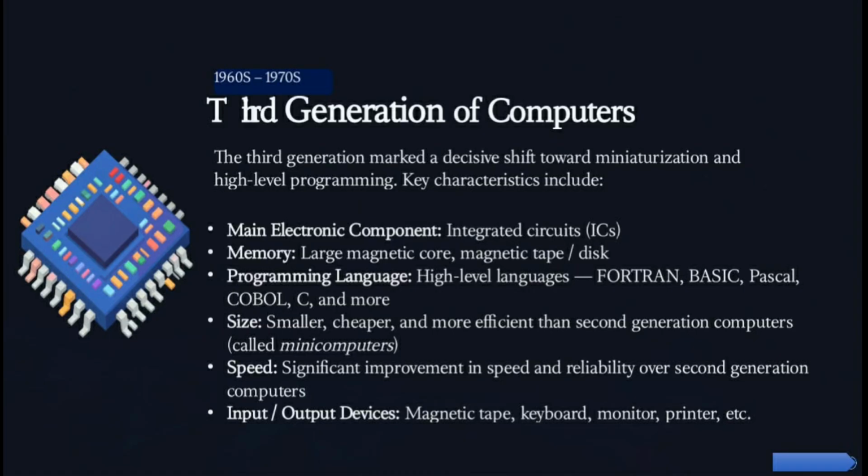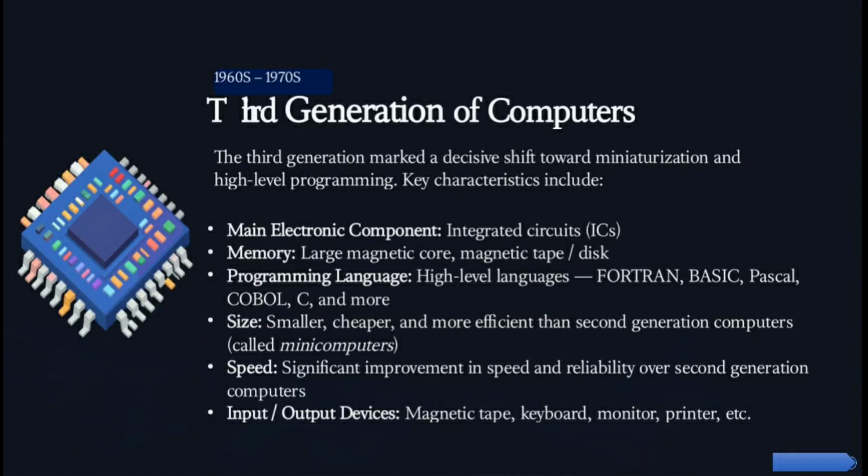Magnetic tape was useful for storing data for later use, while magnetic disk allowed users to store and access information more conveniently. Compared with earlier computers, these storage technologies helped computers handle more information and improve the way data was stored and retrieved.